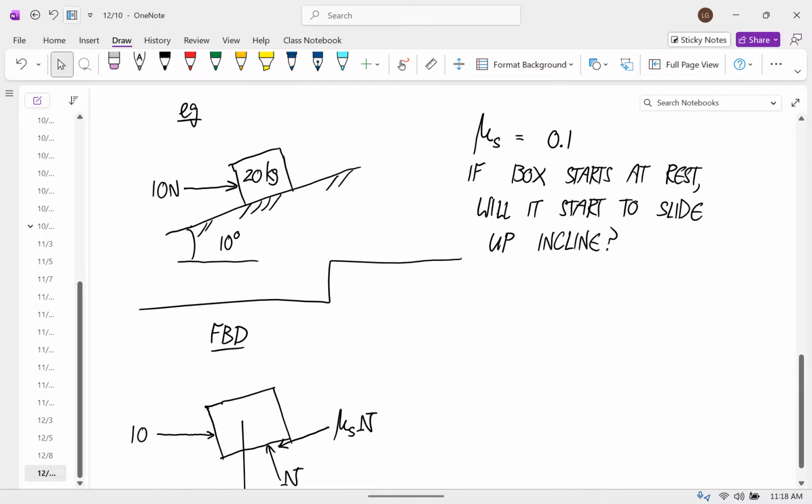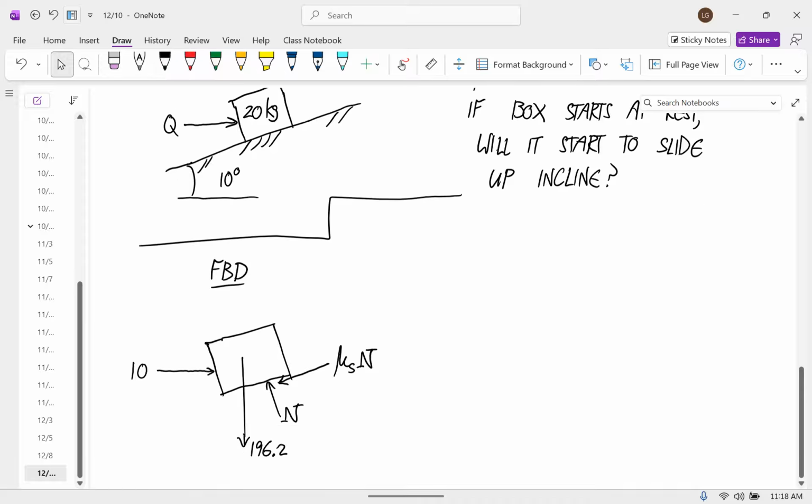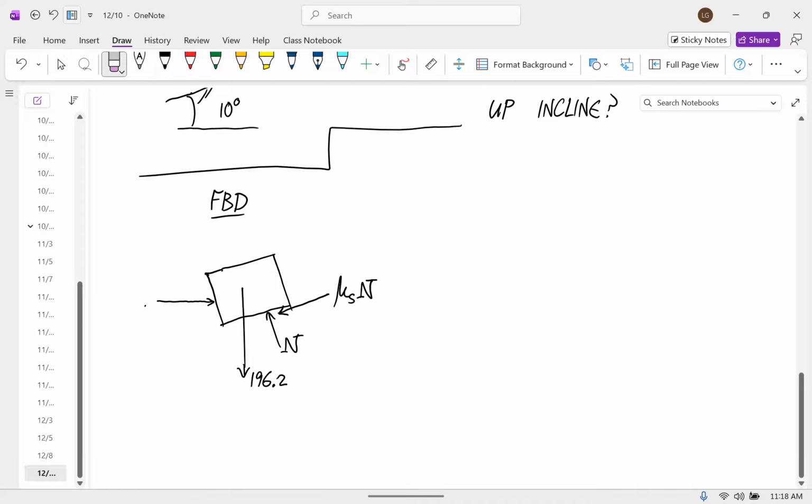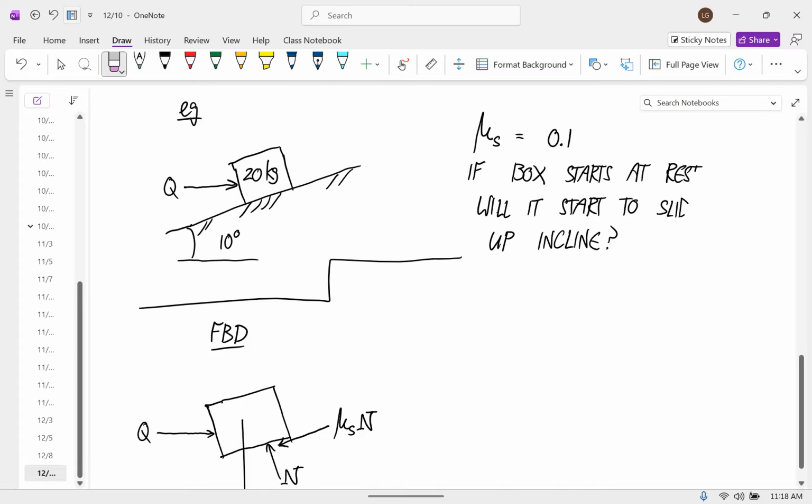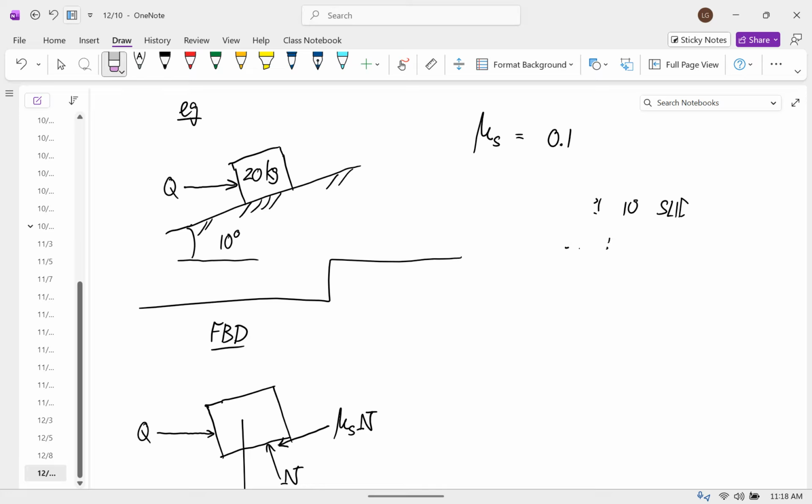So let's think about it like this instead. Let's call this force Q. And then let's ask the question, at what Q will this start to slide up the incline? Professor, is the Q force parallel to the horizontal?